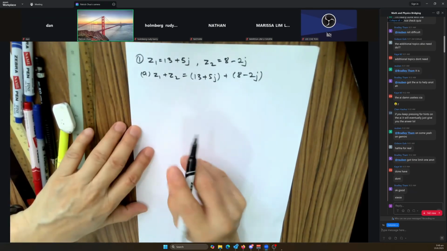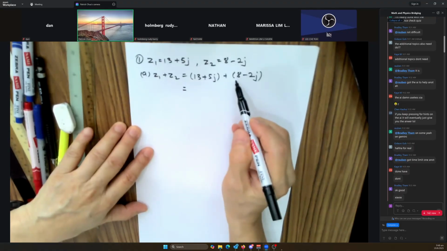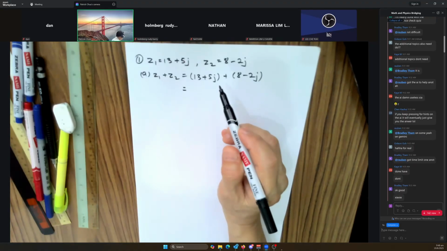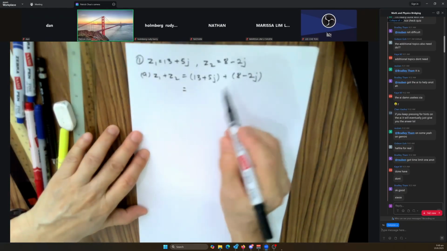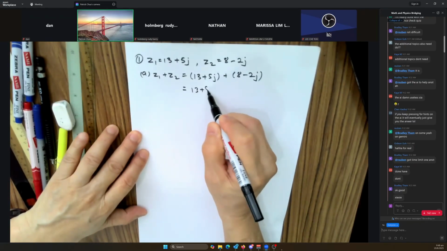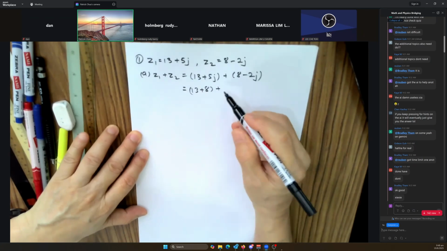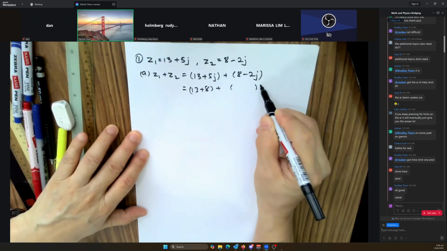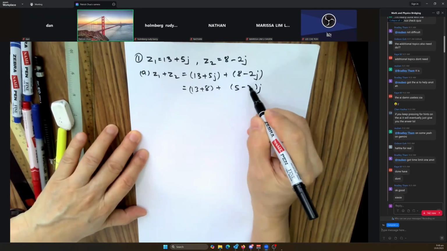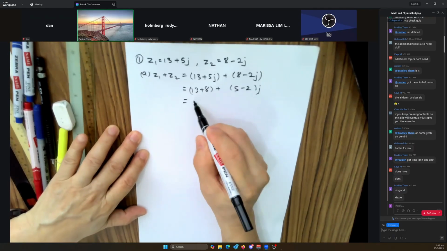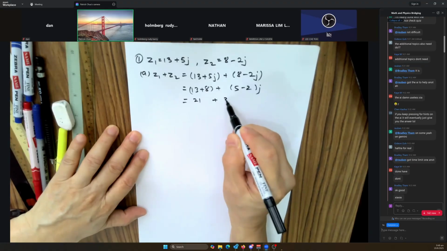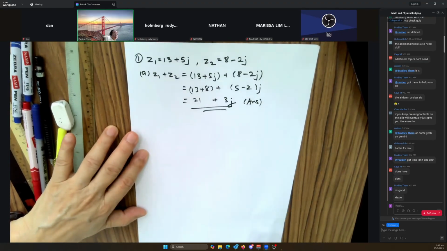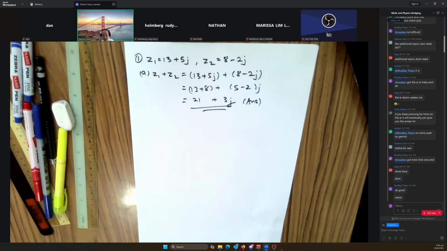Then you evaluate further: the real parts together, 13 plus 8, plus, you can put a J outside, 5 minus 2. There you are. So it's 21 plus 3J, and that's your answer.